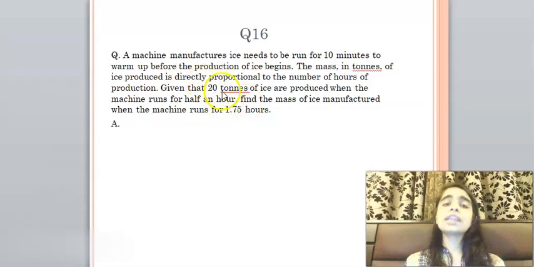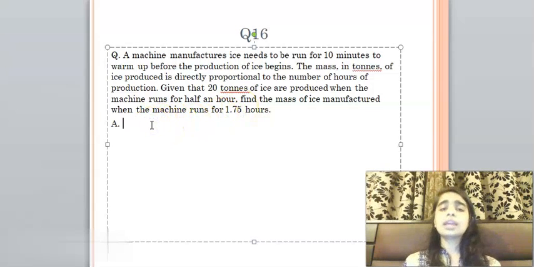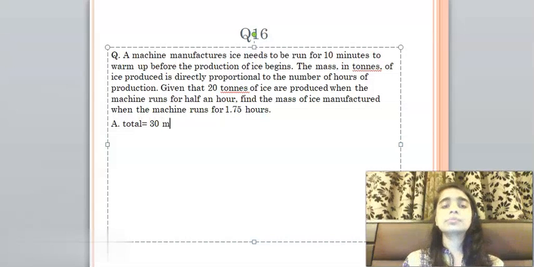So given that 20 tons of ice are produced when the machine runs for half an hour, find the mass of ice manufactured when the machine runs for 1.75 hours. Now one thing: when I'm producing 20 tons, my machine is in total running for how many hours? Half an hour. That means 30 minutes.